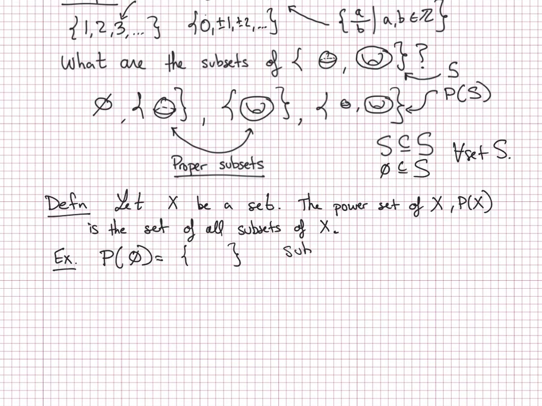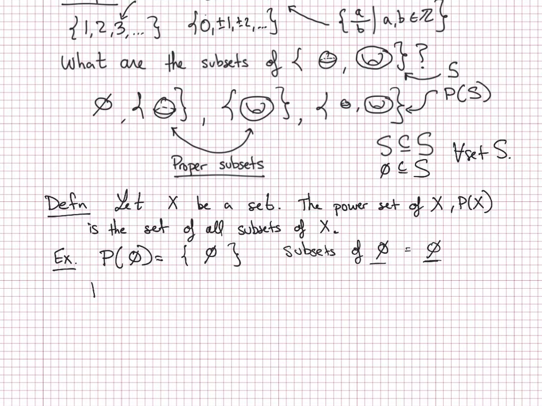What are the subsets of the empty set? Well, it's just the empty set. The empty set is a subset of the empty set, completely trivially. So the power set of the empty set is the set containing the empty set, right? It isn't just the empty set, it does have an element because the empty set is a subset.